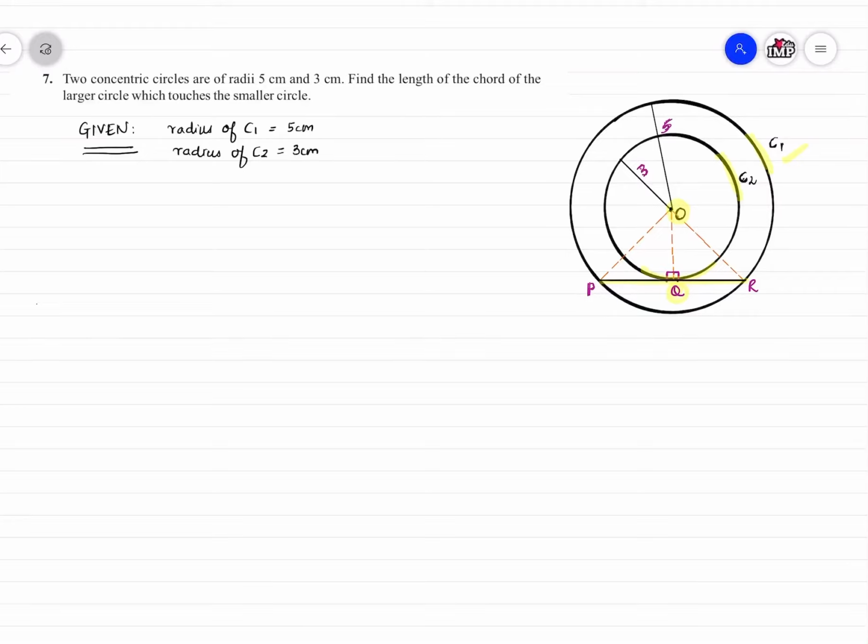So you can be specific in the given. I know that these labels C1 and C2 have not been used in the problem statement. However, it is okay to use the labels that you use in your diagram as a part of the given statement also. Alright, so the radius of C1 is 5 cm, radius of C2 is 3 cm. C1 and C2 are concentric.